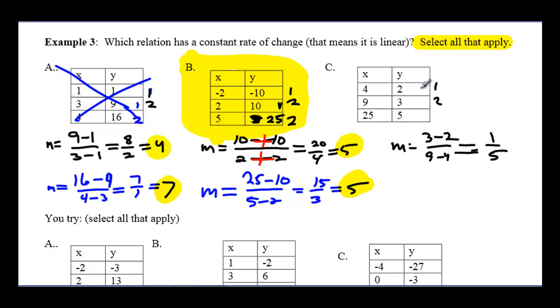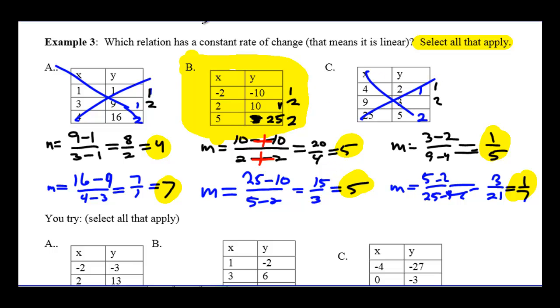Just to show that, I'm going to call this point 1 and this point 2 and do my second slope. I have 5 minus 2 over 25 minus 4, which is 3 over 21, or 1 over 7. Once again we check: 1 over 5 and 1 over 7 are obviously not the same, so that is not one of the answers. We only have one answer in this case, which is B.